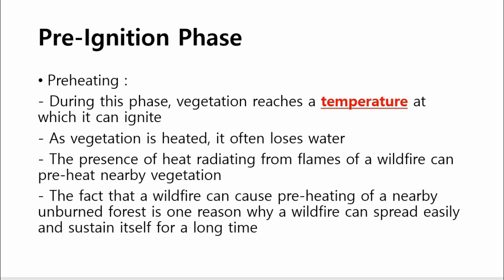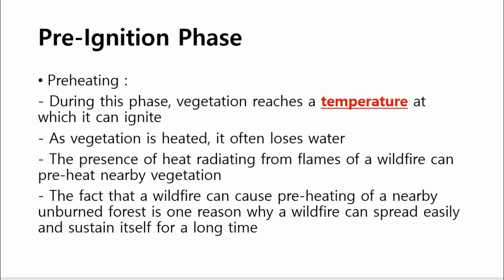Heat radiating from the flames of a wildfire can propagate and preheat nearby adjacent forest and vegetation fuels. So if a fire occurs and propagates, it causes preheating of adjacent unburned forests, which dries out other adjacent fuels, and that is why the fire spread can be accelerated.